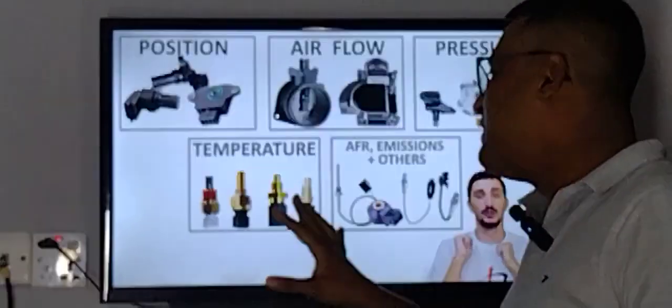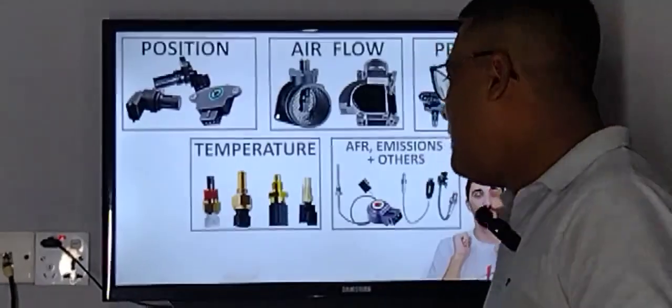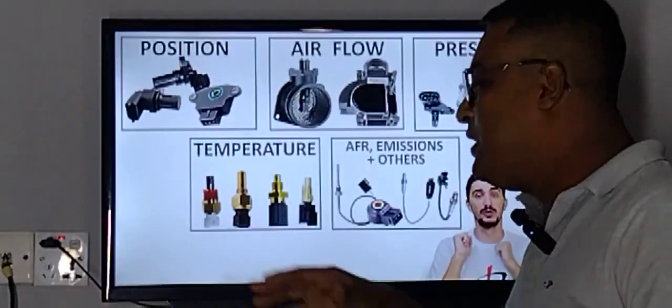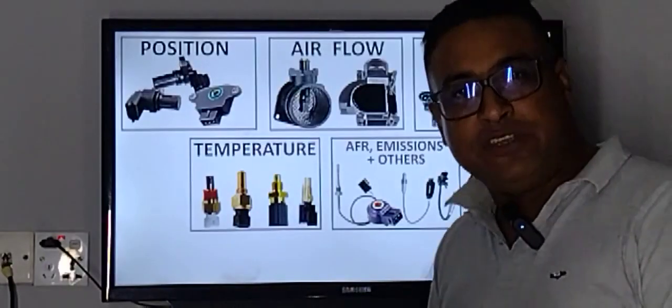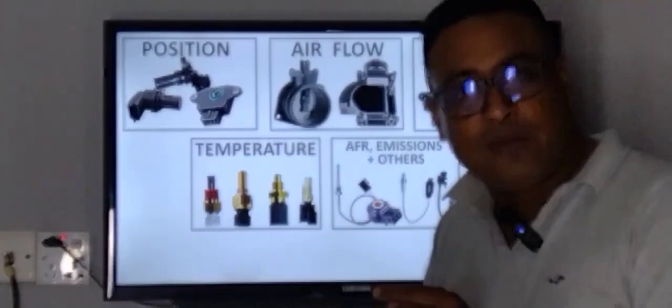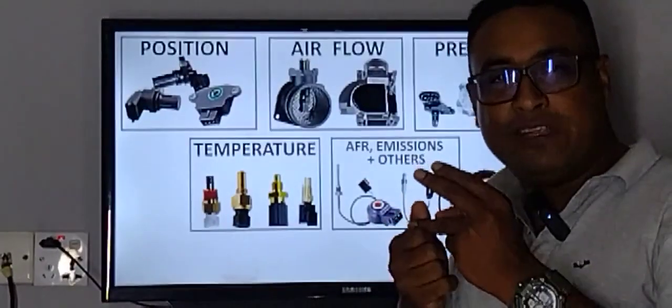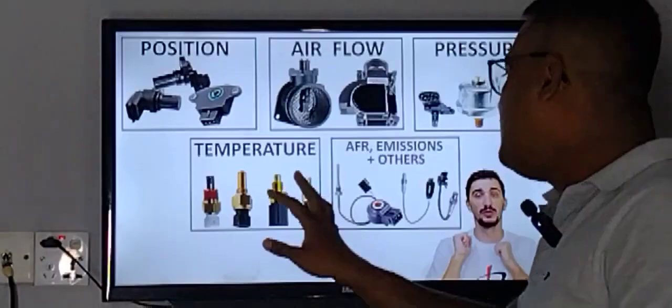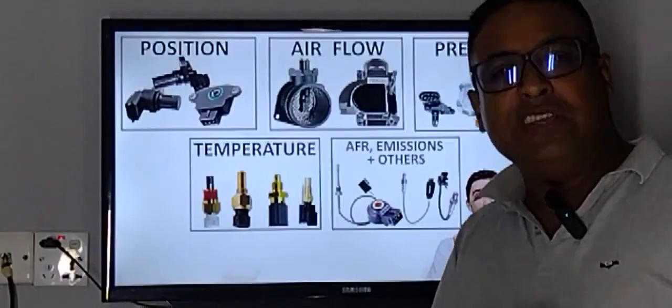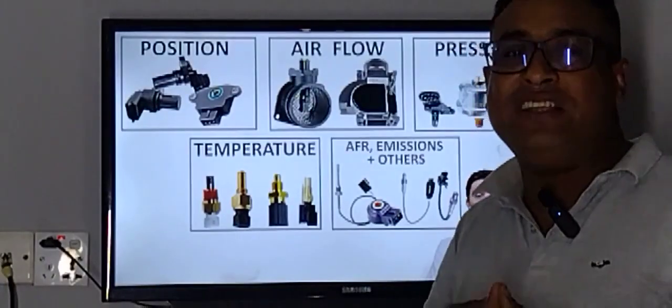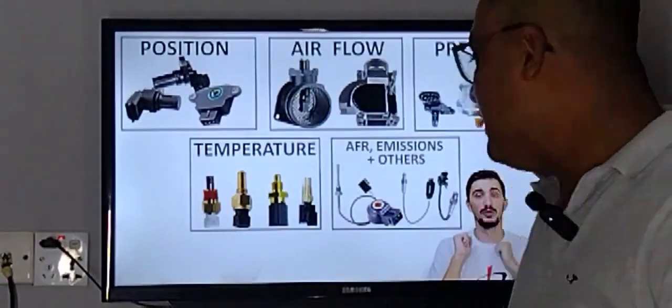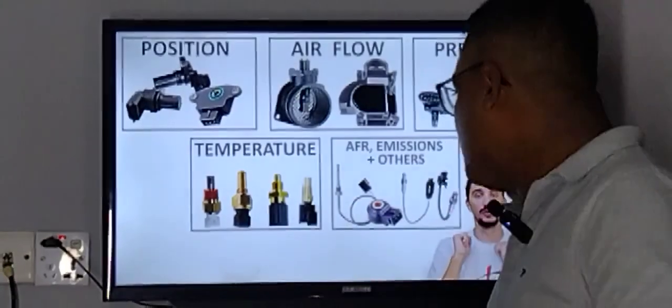These temperature sensors give information to the ECM, the electronic control module, about the engine temperature, the oil temperature, and the air temperature. So these temperatures are given to the engine module to give the engine proper maintenance and smooth running.